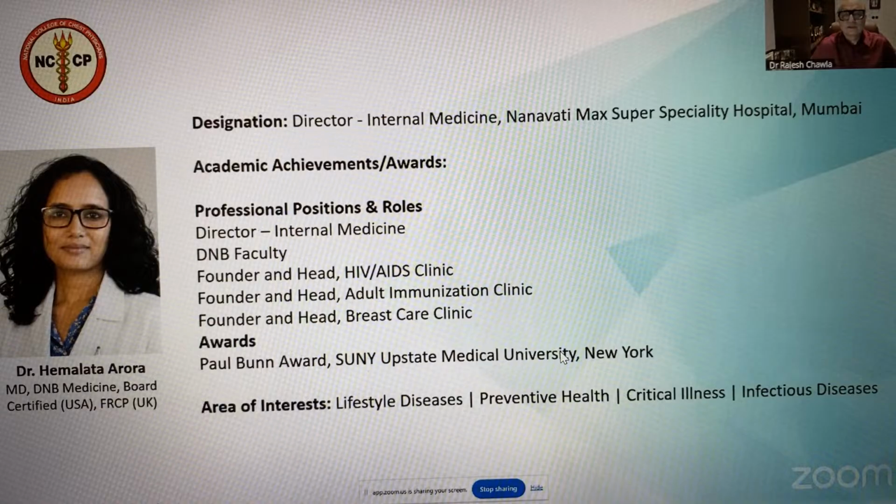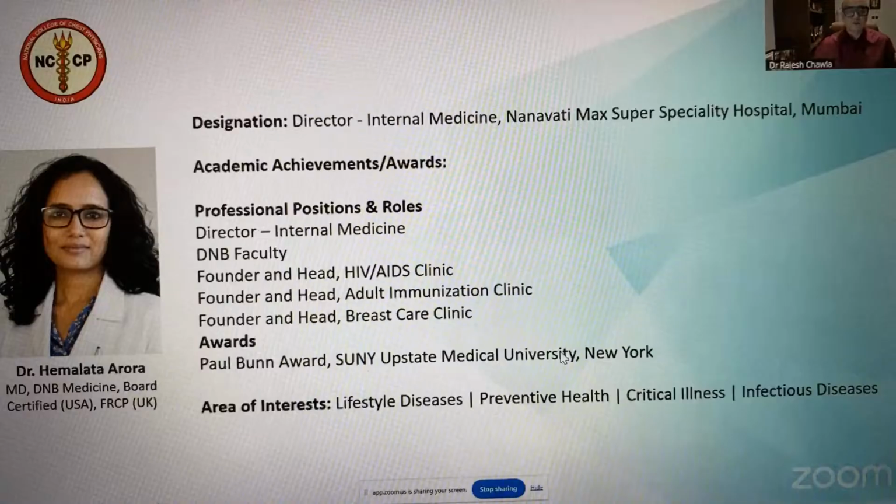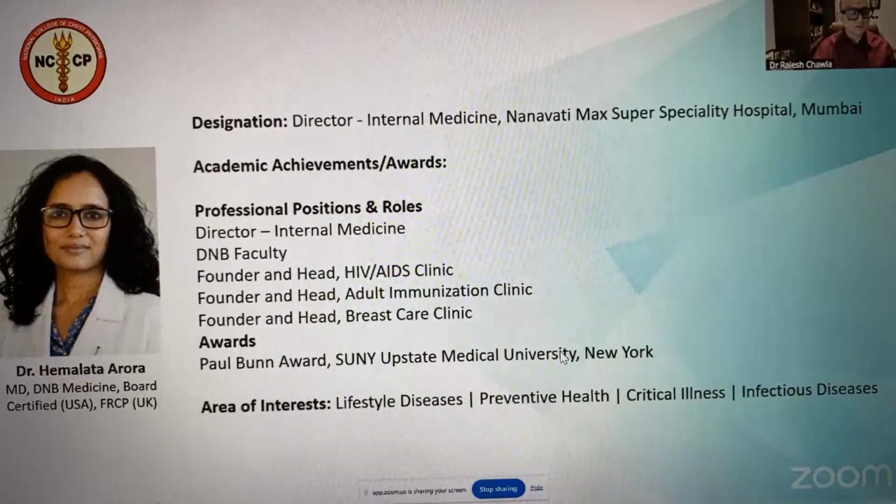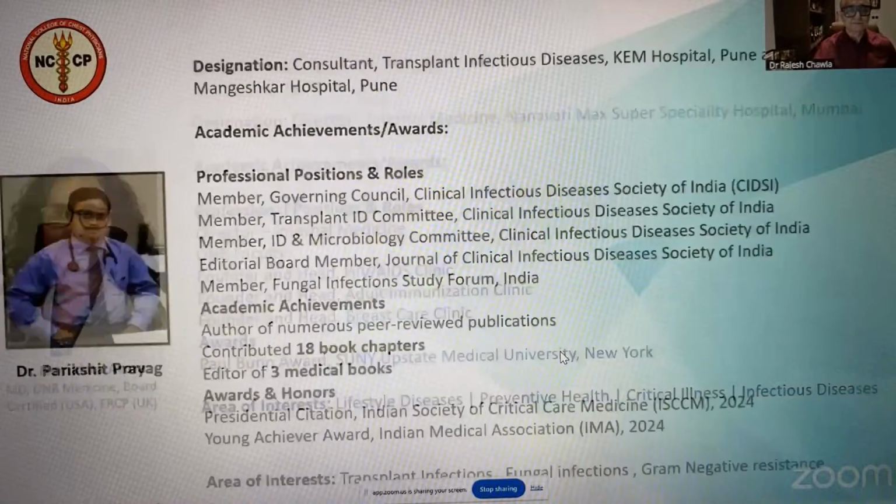She is currently working as director of internal medicine at Nanavati Max Super Specialty Hospital, Mumbai. She is director of internal medicine and DNB faculty, founder and head of the HIV and AIDS clinic, adult immunization clinic, and breast care clinic. She has won the Paul Born Award, SUNY Upstate Medical University, New York, and her areas of interest are lifestyle diseases, preventive health, critical illness, and infectious disease. Over to you, Dr. Hemlata Arora, to conduct today's proceedings.